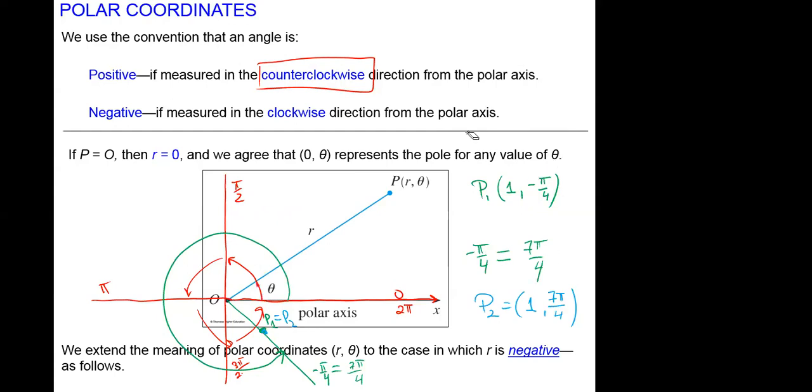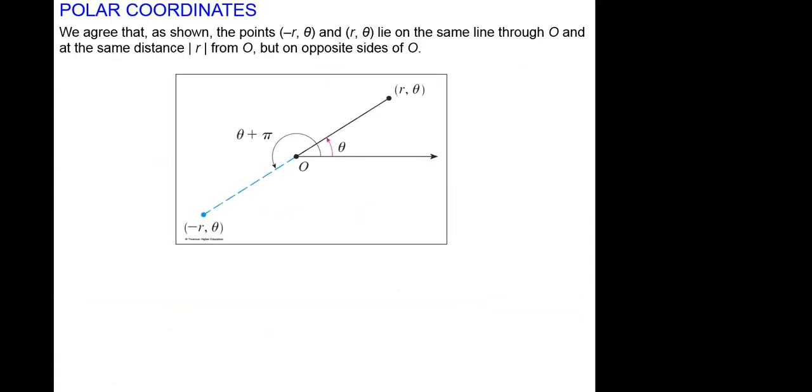Now I will add a negative notation for the radius. What does this mean? Let's see. I will still add 90 and 180: 0, 90, 180, 270.